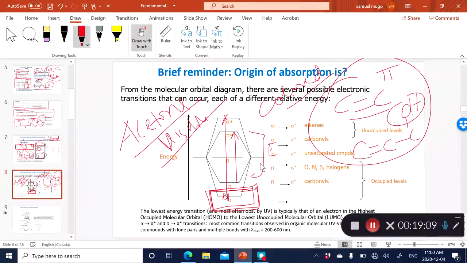If I've got electrons in the non-bonding orbitals, for example in the case of oxygen in an alcohol, I can easily excite those electrons, for example, to the pi star, if I've got a double bond and so on.